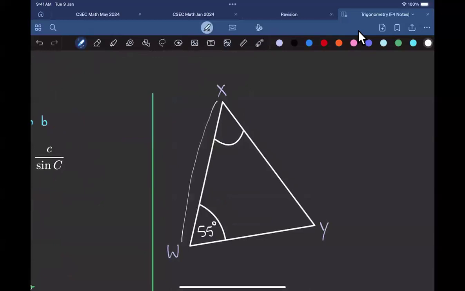Sasha, give me a length for this side. 8 centimeters.